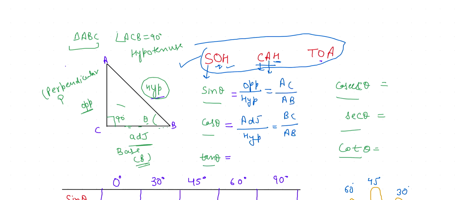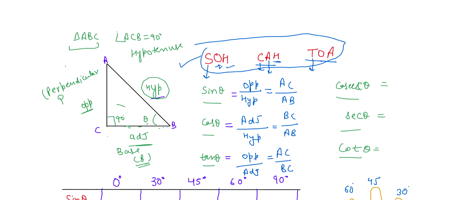Okay, then TOA, T stands for tan theta, O stands for opposite side divided by adjacent side. Then you will get opposite side AC and adjacent side BC. So from these, you will get the value of sine theta, cos theta, tan theta.